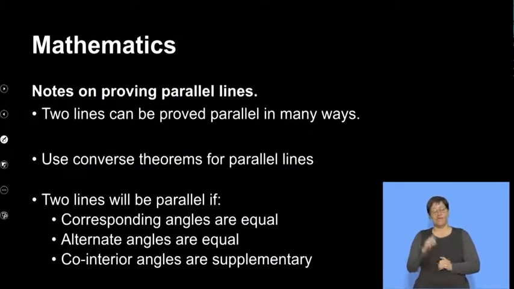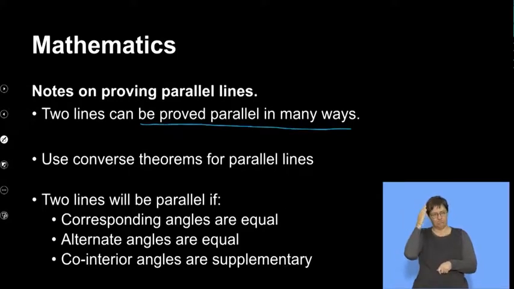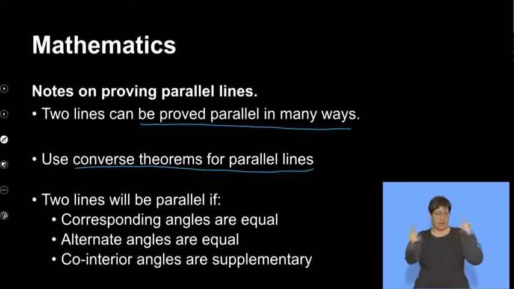Now, when you are proving parallel lines, because that's one of the other properties I gave you as an option, you need to be able to know how 2 lines can be parallel to one another. And there are many ways to do this. You can use what we call the converse theorem of parallel lines, meaning you can prove that the corresponding angles are equal.